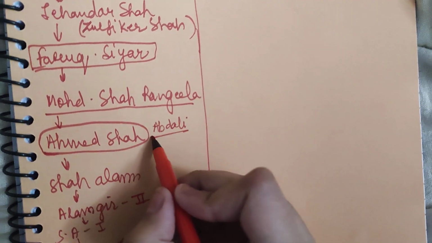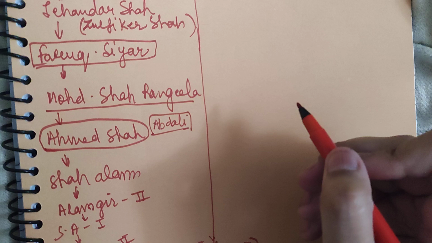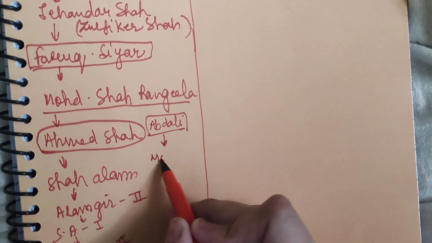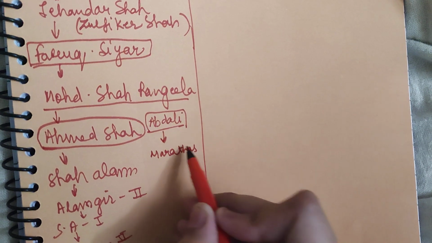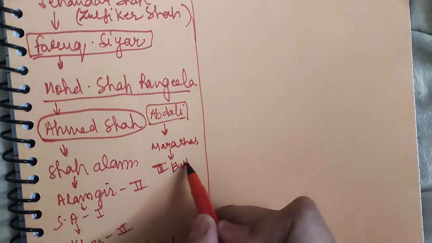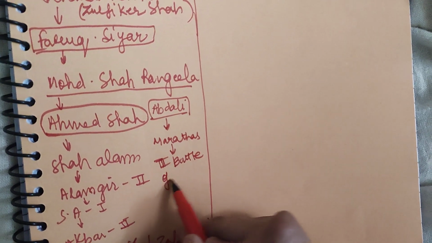Ahmad Shah Abdali became very ambitious, and he also had a war with Marathas, which was called the Third Battle of Panipat, which we are going to discuss during the Maratha War.